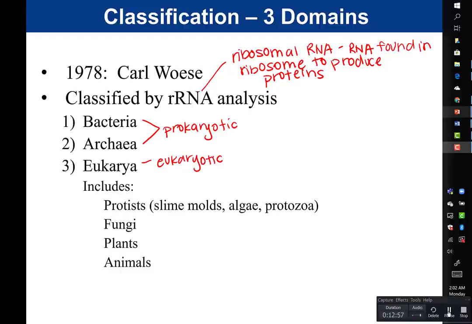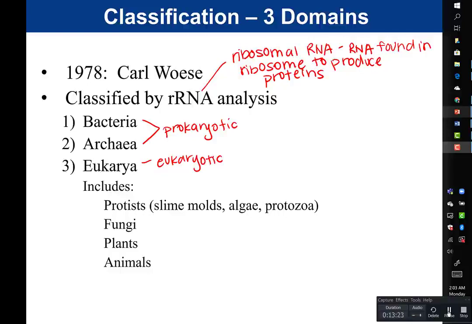Organisms in the domain eukarya are eukaryotic, meaning they're made of eukaryotic cells. Now, domain is the most broad form of classification. Then we become more specific, and our next classification is going to be our kingdom. So, broad, our domain is going to be eukarya.